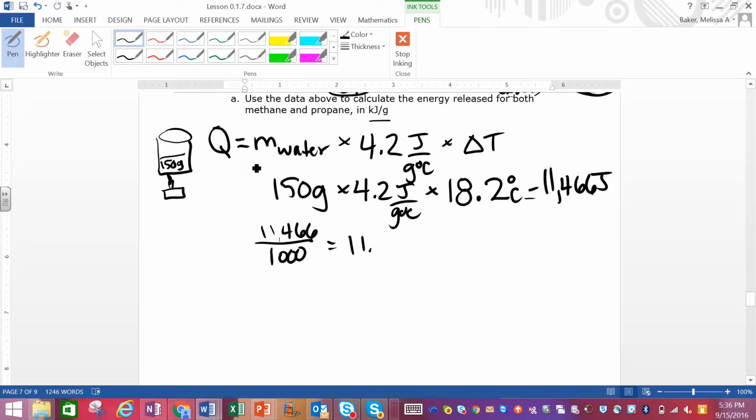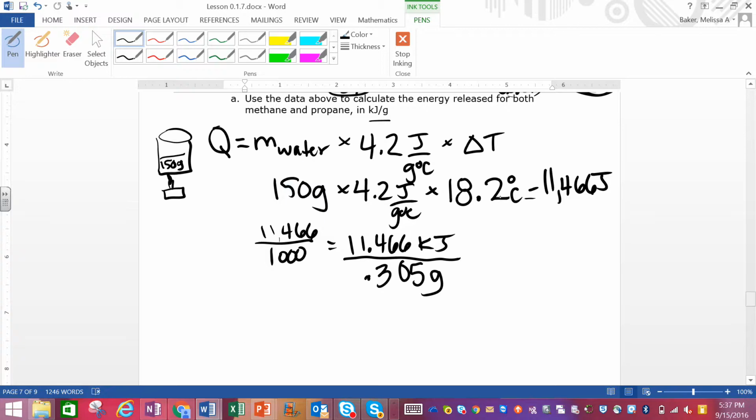That's 11.466 kilojoules. Now, I want to know relative to how many grams of that fuel burned off, how much energy this is releasing. Because if I burned it for a really long time and that's all the energy I got, that's not very efficient. So I'm looking at my methane, and on average I burned 0.305 grams.